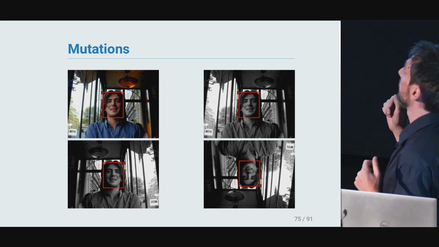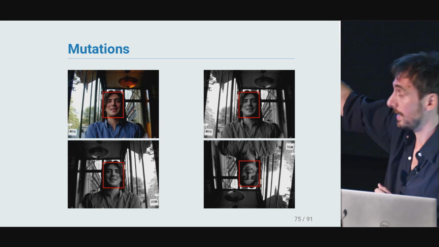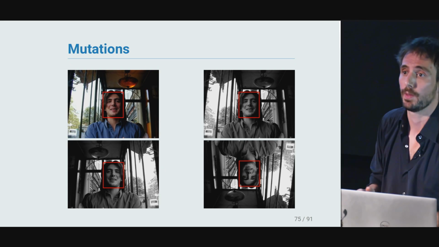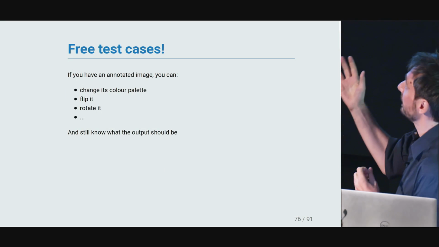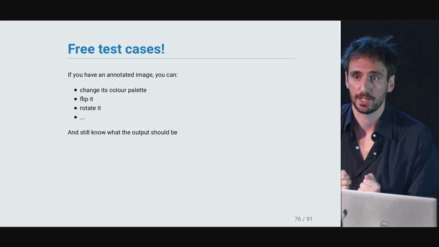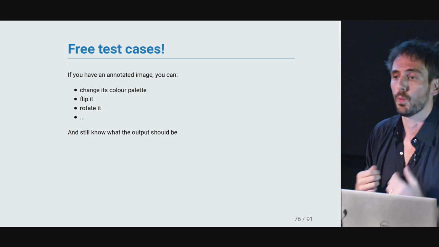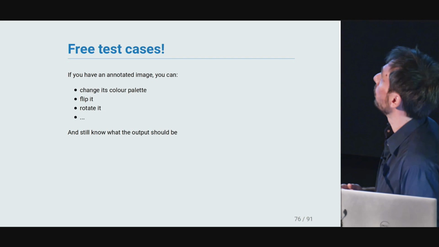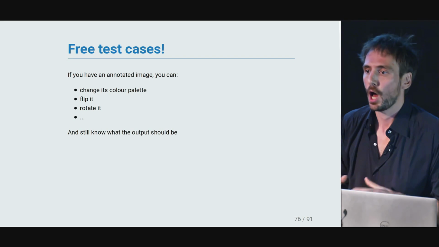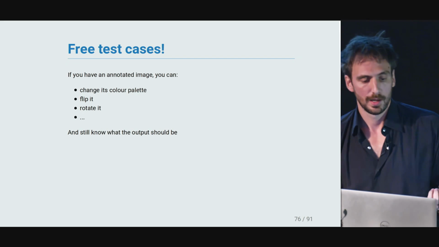If you rotate it, again, it's not exactly the same place, but you know where it's going to be. So the conclusion here is, if you have an annotated image, you can transform it in lots of ways and still know what your output should be. So you could, from one image, get hundreds and hundreds of test cases, which is pretty neat.